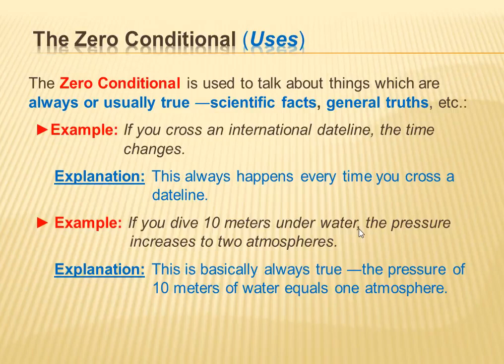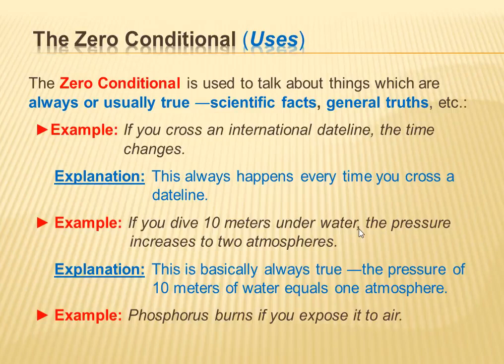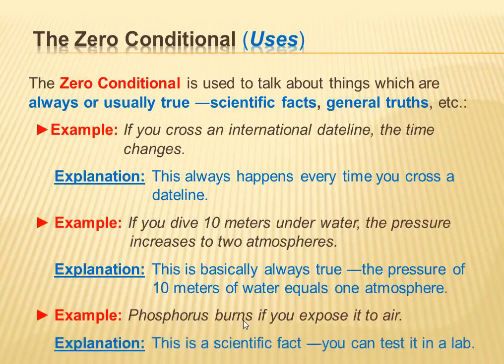The pressure at 10 meters equals 2 atmospheres. One more. Phosphorus burns if you expose it to the air. This is scientific. If you expose the phosphorus to the air, it will burn. You can test it in the lab. If you're not clear about this one, you can do it in the lab.